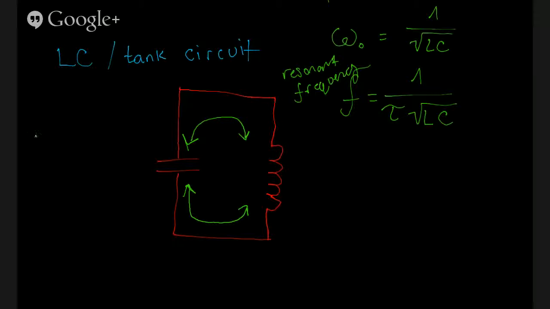Are LC circuits used in analog synthesizers? Not really. The frequencies are so low that, given this relationship here, 1 over square root LC, you'd have to have, for a relatively low frequency, so let's say 400 hertz, fairly large values.